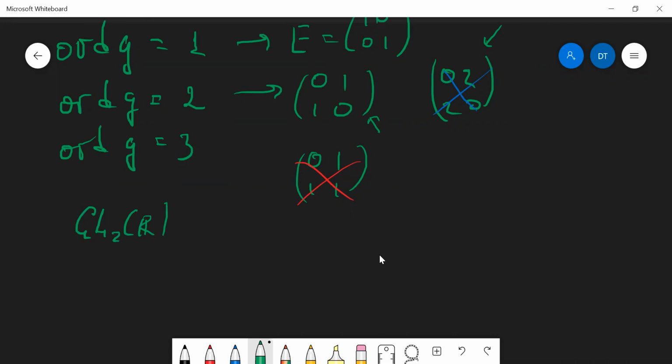You should think about GL2 as the set of invertible linear transformations of the plane. So we can consider rotations.